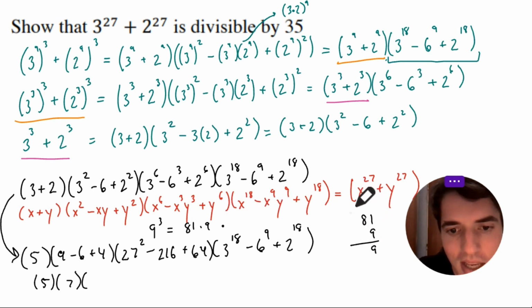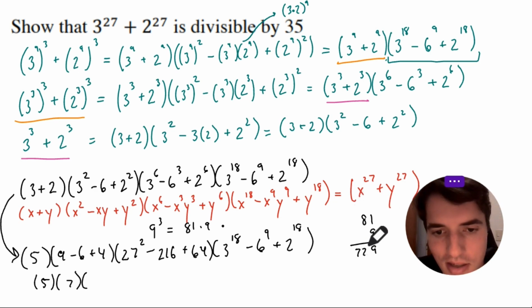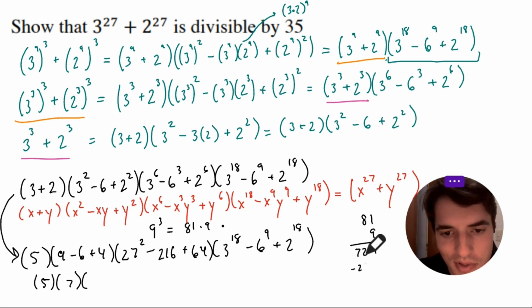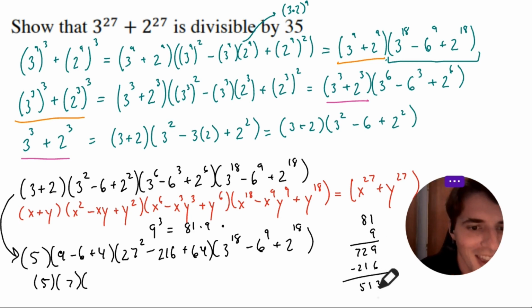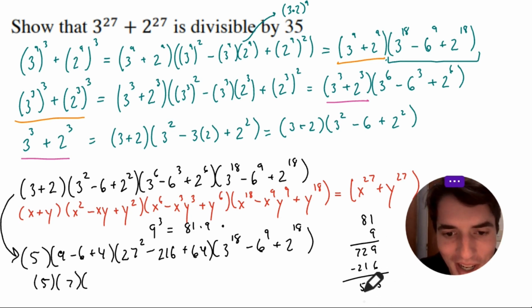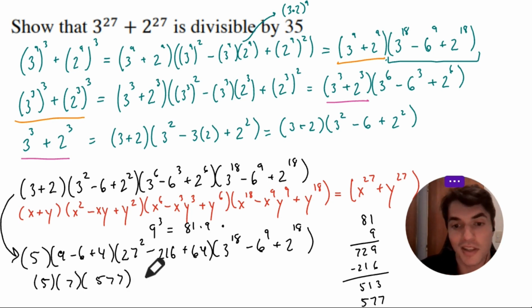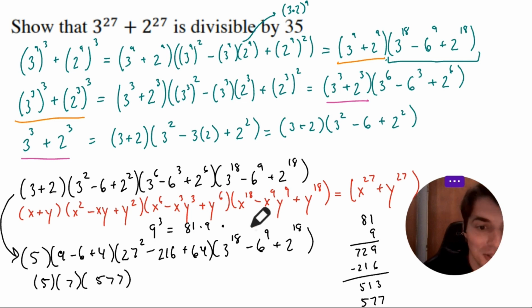We have 9, and 8 times 9 is 72. 729 minus 216. Let's just do it all in the addendum. 513 plus 64 is 577. Okay, so if this had said show that this is divisible by 577, yeah, we could have also shown that.